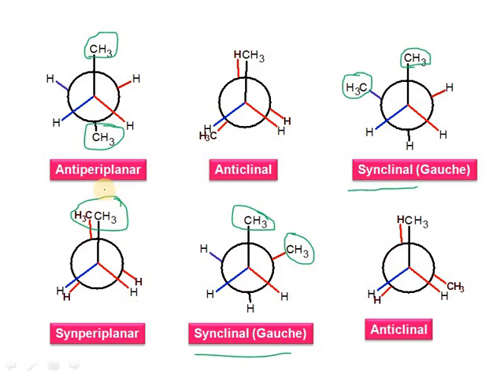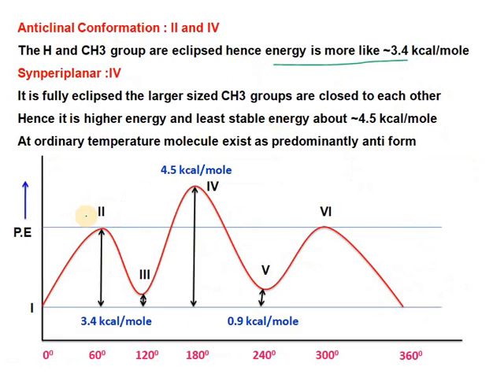These are fully eclipsed conformations, and hence the methyl groups are very close to each other. Therefore they show higher energy and are very less stable, with the highest energy up to 4.5 kilocalories per mole. But at ordinary temperatures, the molecule exists predominantly in the anti form.